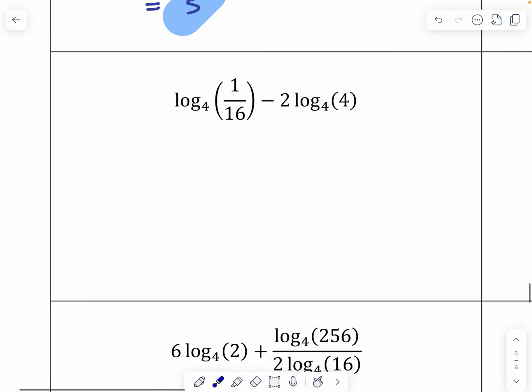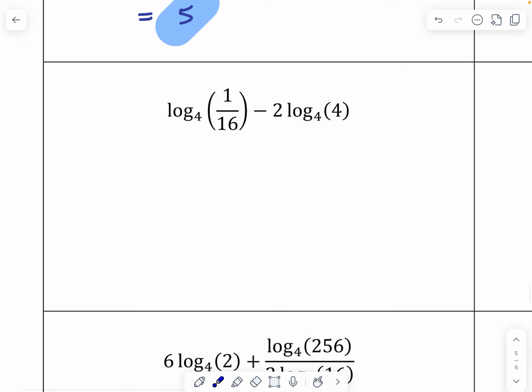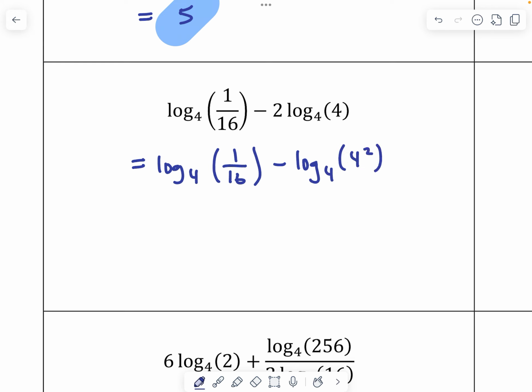Interesting. Okay, let's actually use the properties here. So now you're going to see that these can be done two ways. All right, first thing is I have this 2 out front. If I use the property, that means I can make it the exponent of the 4. So I would have log base 4 of 1/16 minus log base 4 of 4 squared.